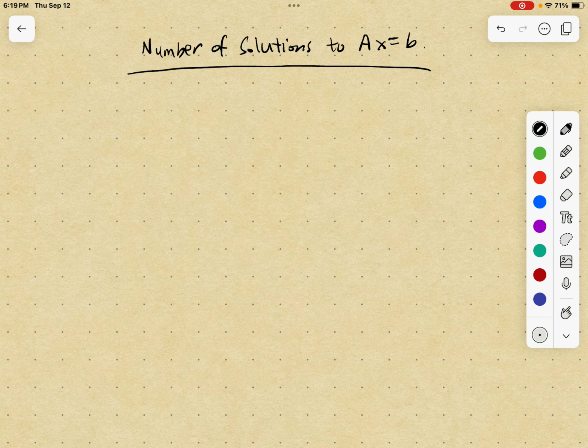Okay, in this video I want to clarify how to figure out the number of solutions to the equation Ax equals b from the row echelon form or reduced row echelon form of A. So let's say that you have a matrix A, which is an m by n matrix, right?